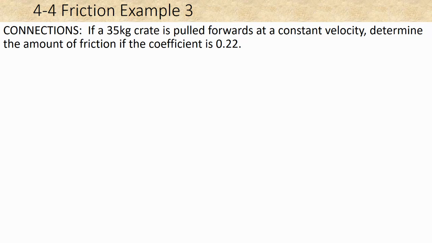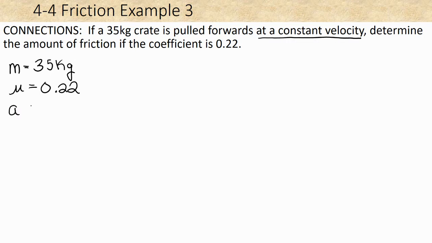We got a lot of information in this problem, so first let's write down what we know. We know that the mass is 35 kilograms. We know the coefficient of friction is 0.22. Numerically, those are the only two numbers we're given. But we know that it is moving at a constant velocity.